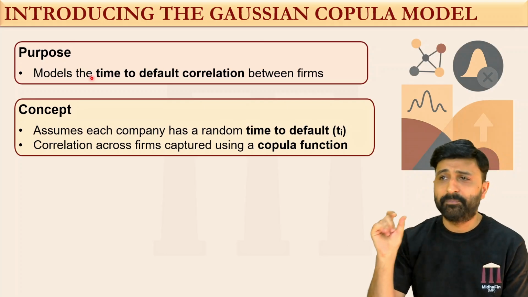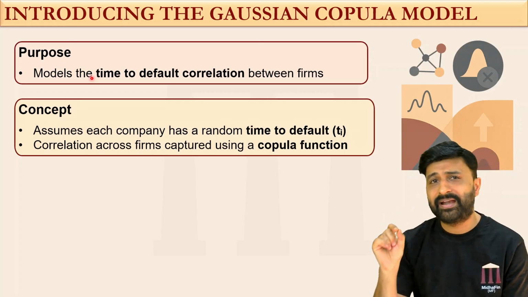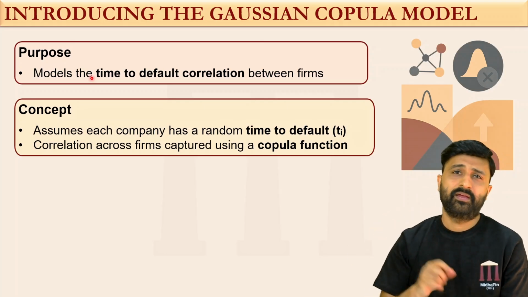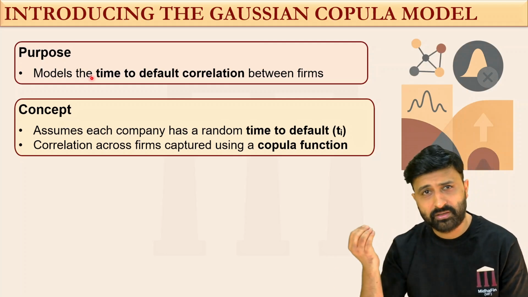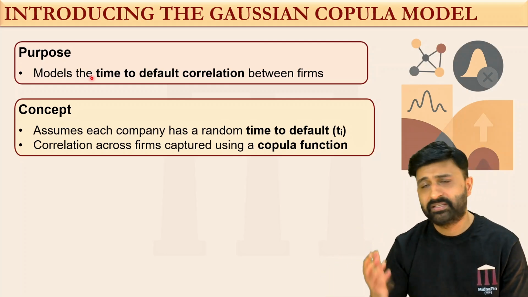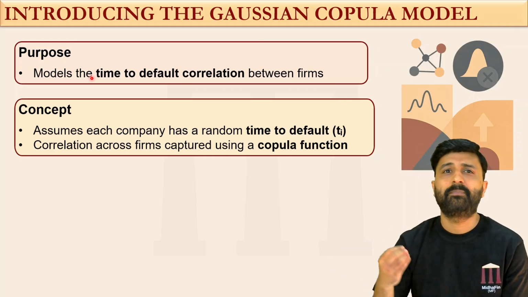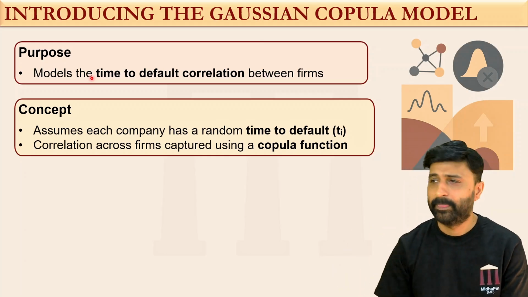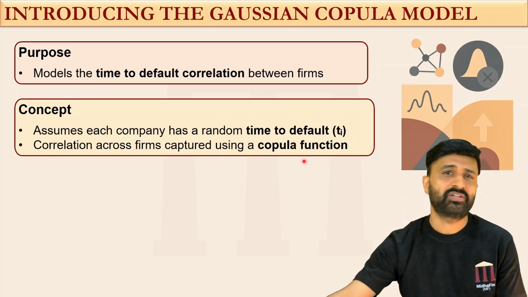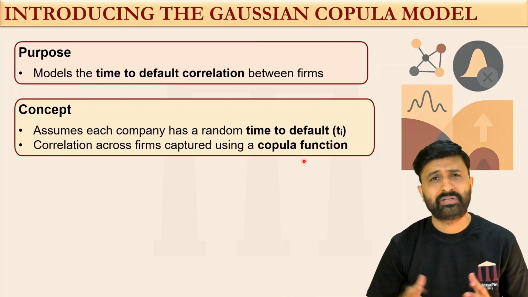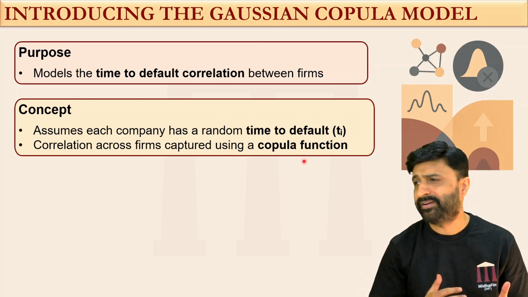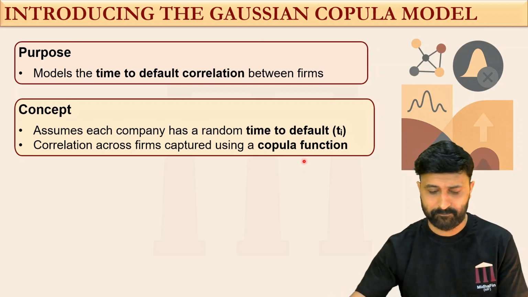Now, what is the concept? Each company has a random variable Ti representing its time to default. We can estimate its default probability distribution either from historical data or market-implied data. Then you have the copula function. It connects these distributions to create a joint model, which shows how one company's default timing is related to another company's default timing.